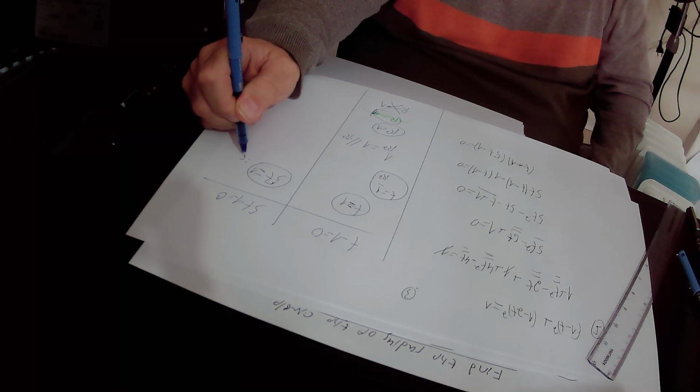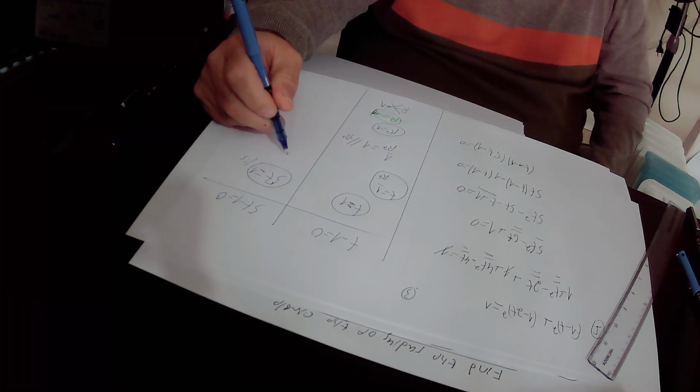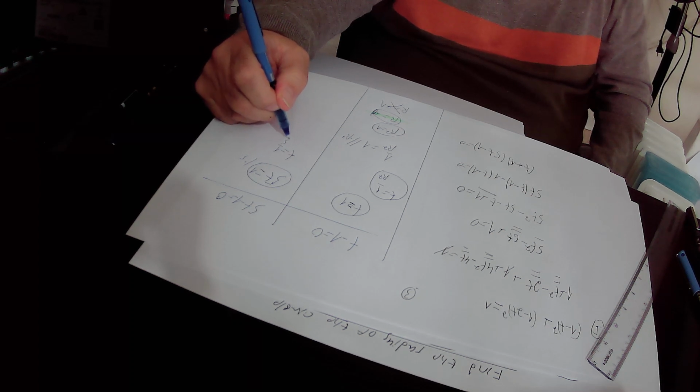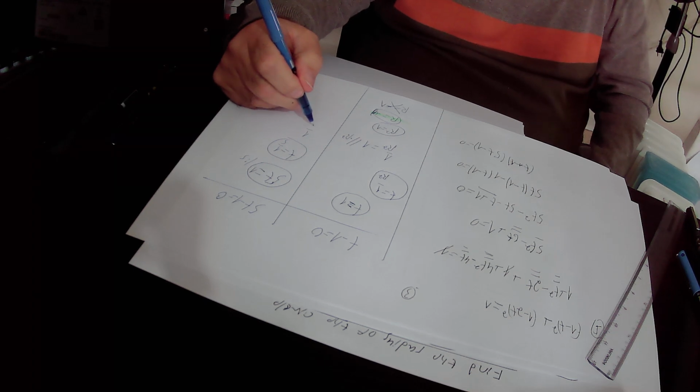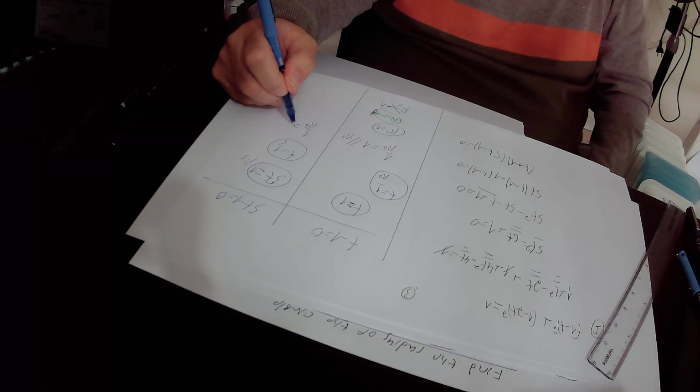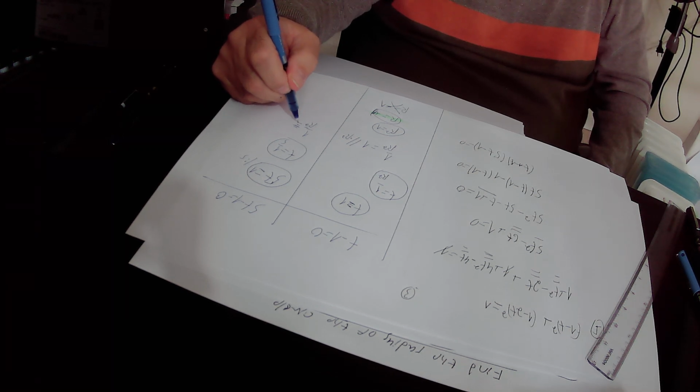So we divide this equation by 5, and we get that t equals 1 over 5. And t is 1 over r squared, which equals 1 over 5.